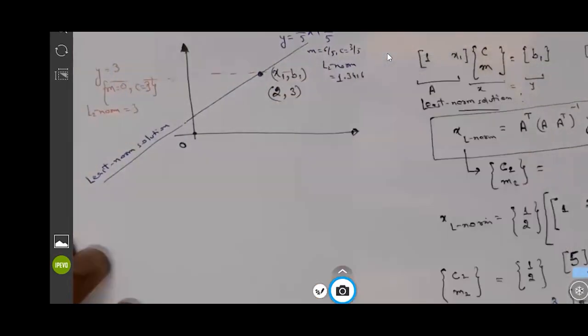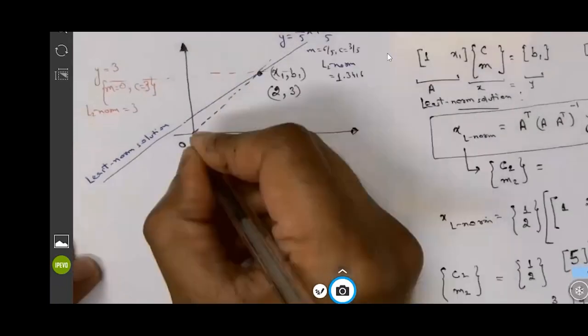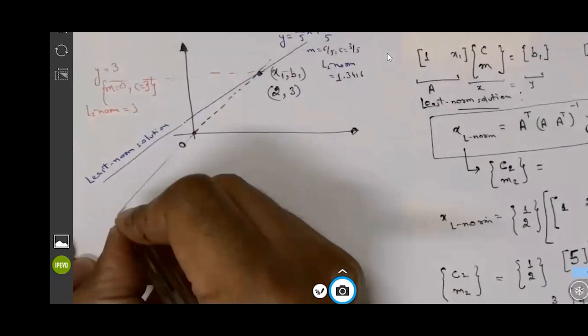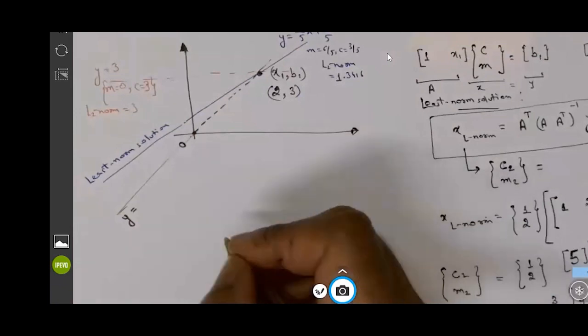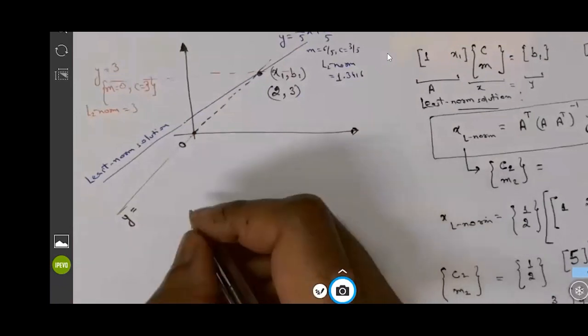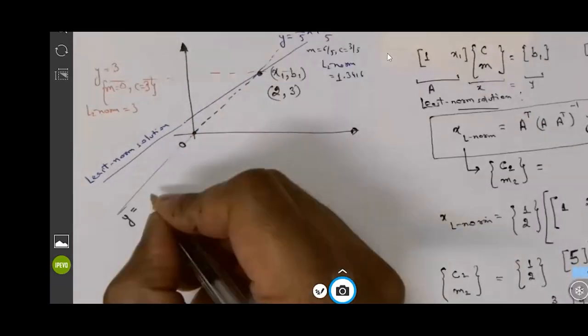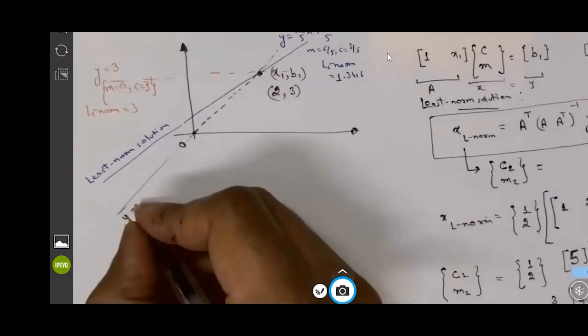Now somebody tells me, okay, how about if I pass a line through the origin? If I pass a line through the origin, can somebody volunteer and tell me what the equation of that line would be? Y equals 3 over 2x.